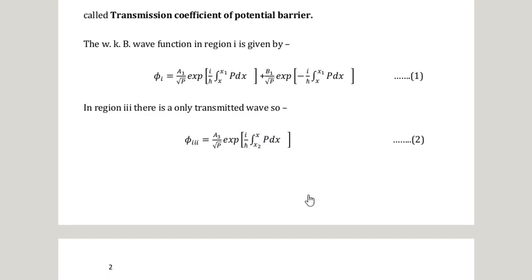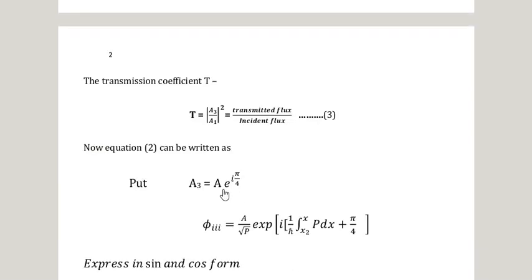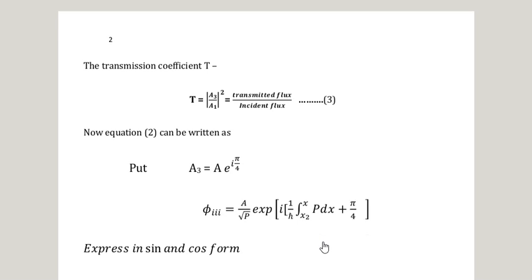So assume A3 is equal to A e to the power i pi by 4. So phi third becomes A upon root p exponential i times 1 upon h cut integral x2 to x p dx plus pi by 4.